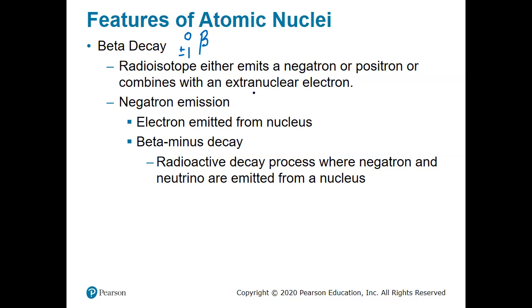If it has a negative charge, we call that negatron emission. In negatron emission, what we are talking about is an electron basically being ejected from the nucleus. In the process of that electron being ejected from a nucleus, you see a neutron convert itself into a proton.